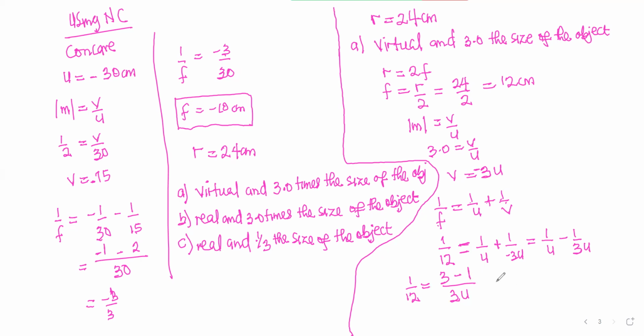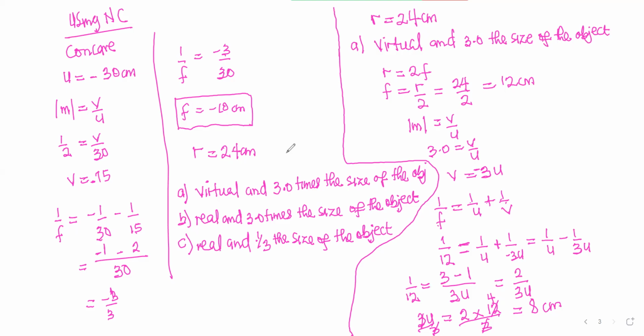And so we have 1 over 12 is equal to 2 divided by 3U. When you cross multiply, we have 3U is equal to 2 times 12. When you divide through by 3, you have 8. So the object will be 8 centimeters.